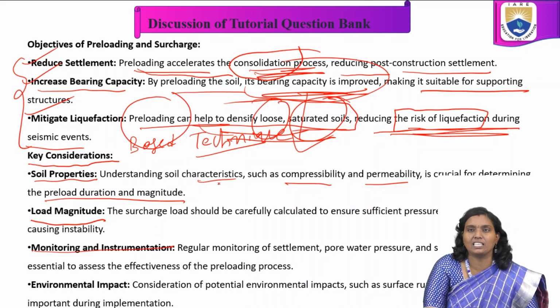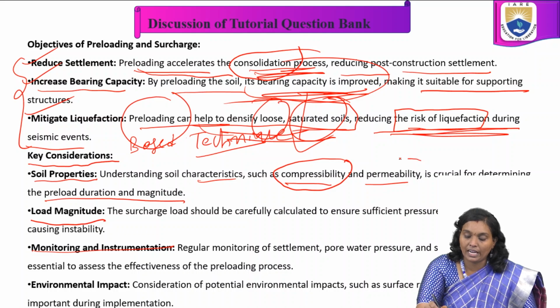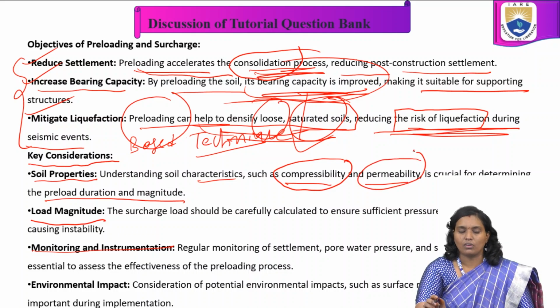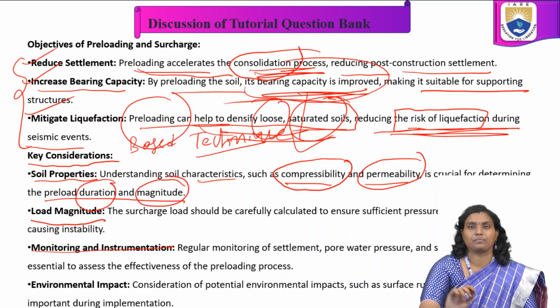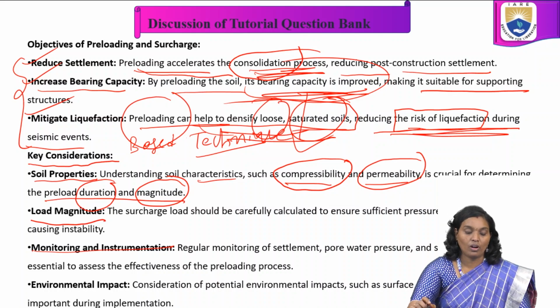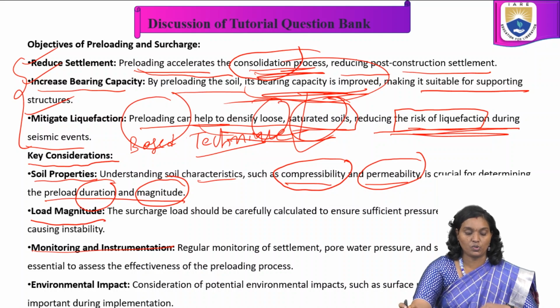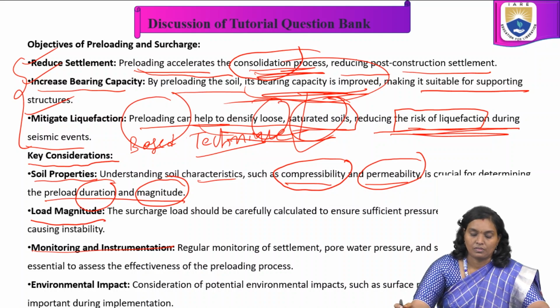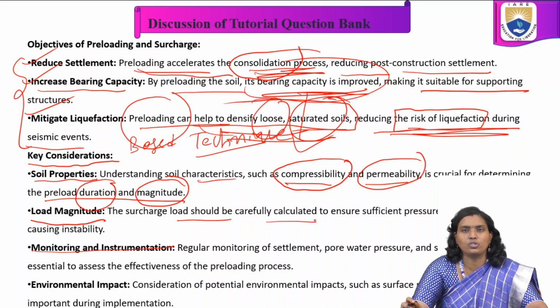Based on those characteristics, especially compressibility and permeability, they play a role in determining the preload duration and its magnitude. Now, load magnitude. The surcharge load should be carefully calculated to ensure sufficient pressure is applied without causing instability.